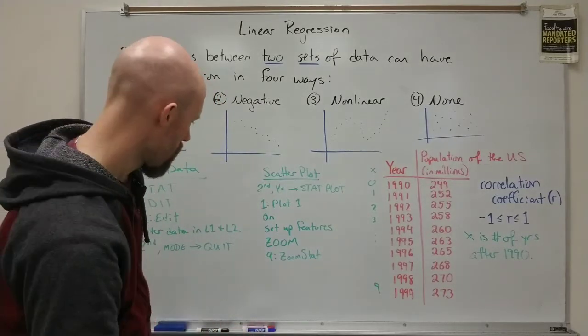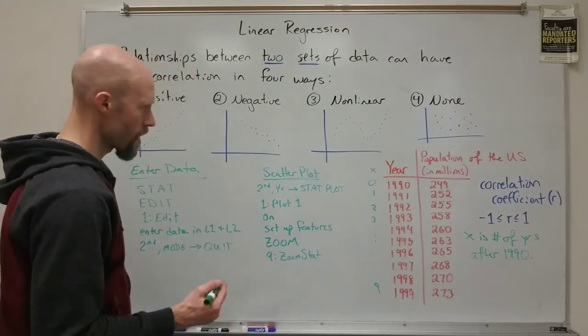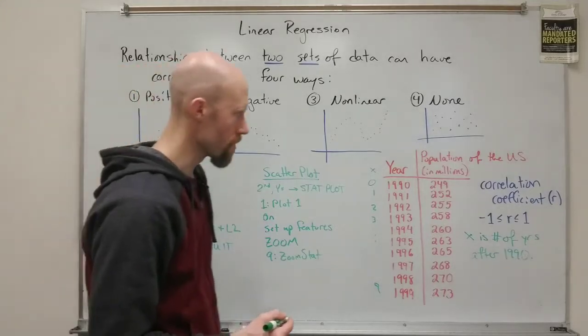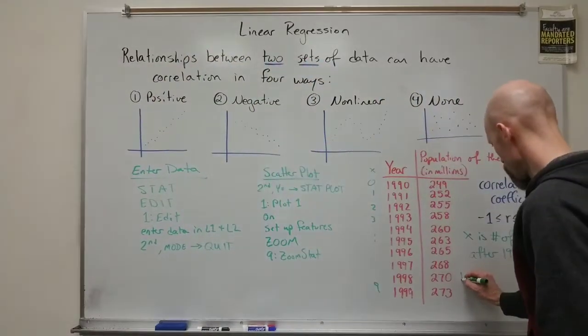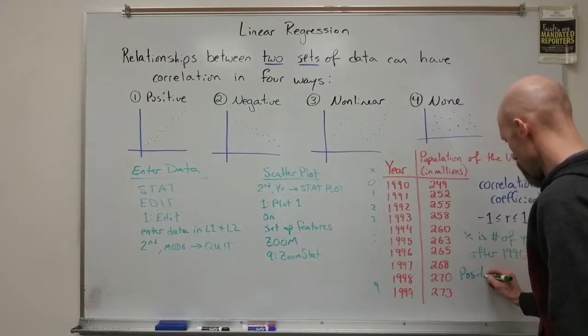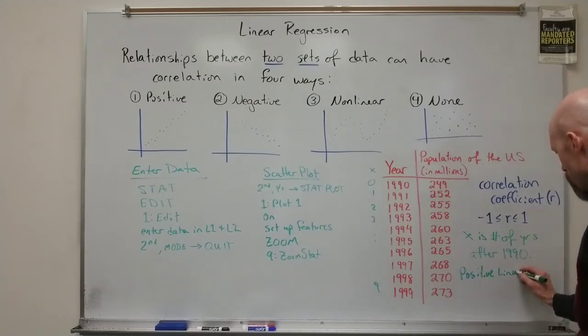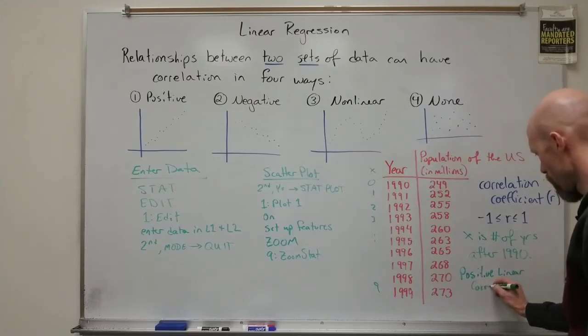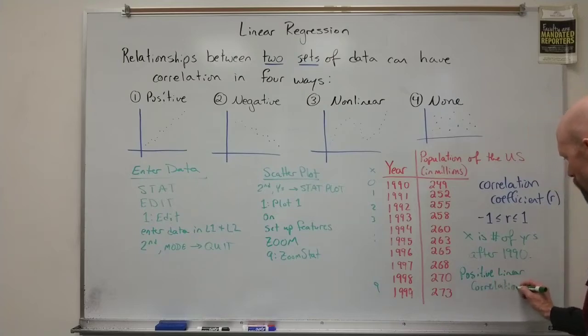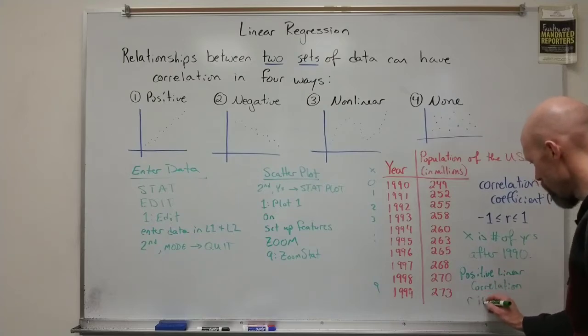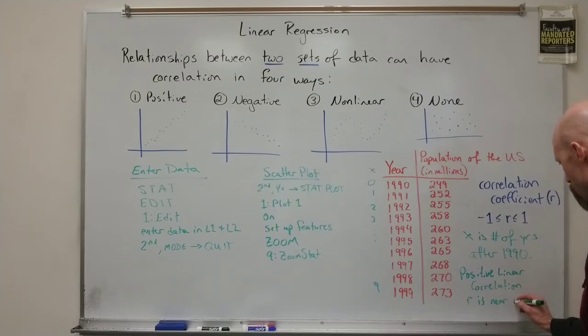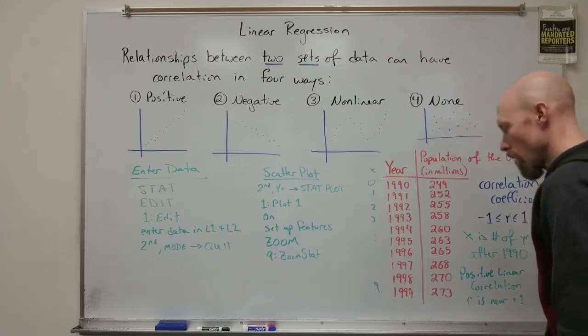So I'm going to say on this one, we have a positive linear correlation. And that means R is near positive 1. Okay?